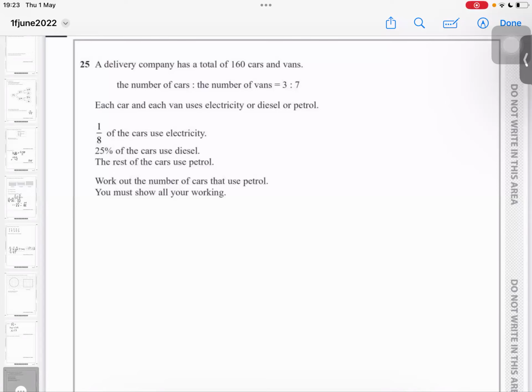That's an interesting variety of sources of energy. It says 1/8 of the cars use electricity. 5% of the cars use diesel. The rest of the cars use petrol. Work out the number of cars that use petrol. You must show all your working. So, let's see. You know what we're going to do first?